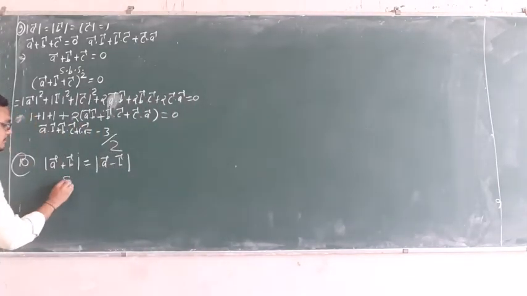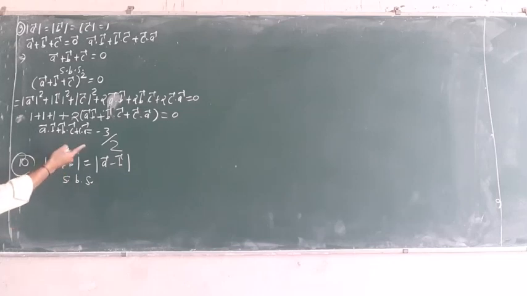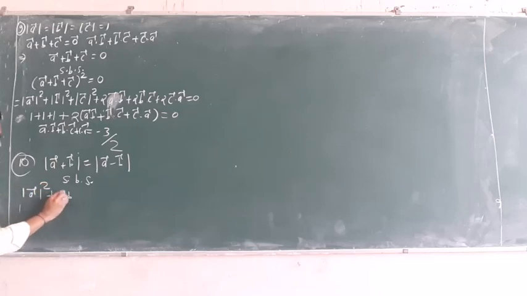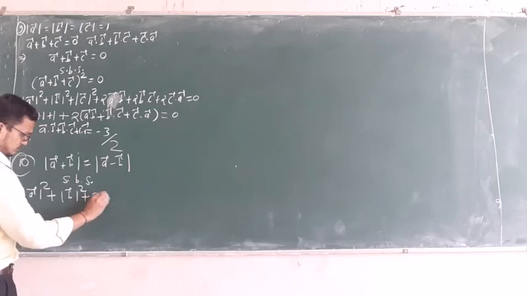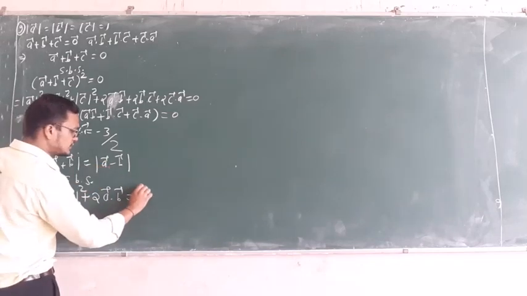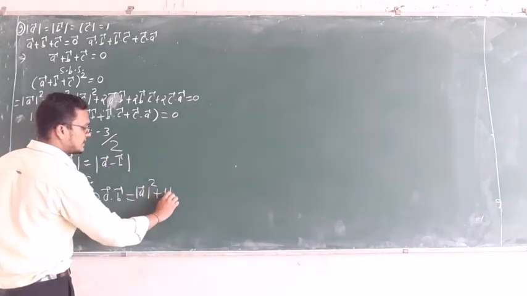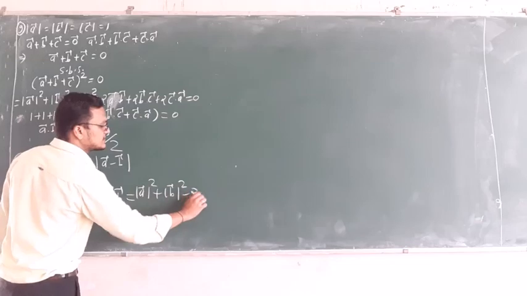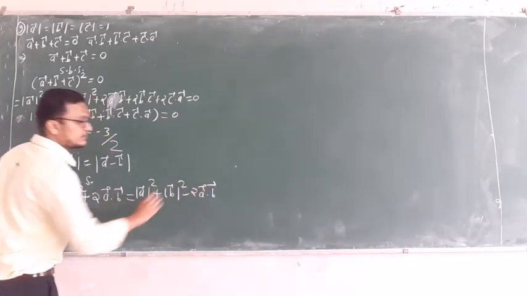Squaring on both sides, we get A plus B whole square and A minus B whole square. Apply the identity: magnitude of vector A square plus magnitude of vector B square plus 2 into A dot B equals magnitude of vector A square plus magnitude of vector B square minus 2 into A dot B.